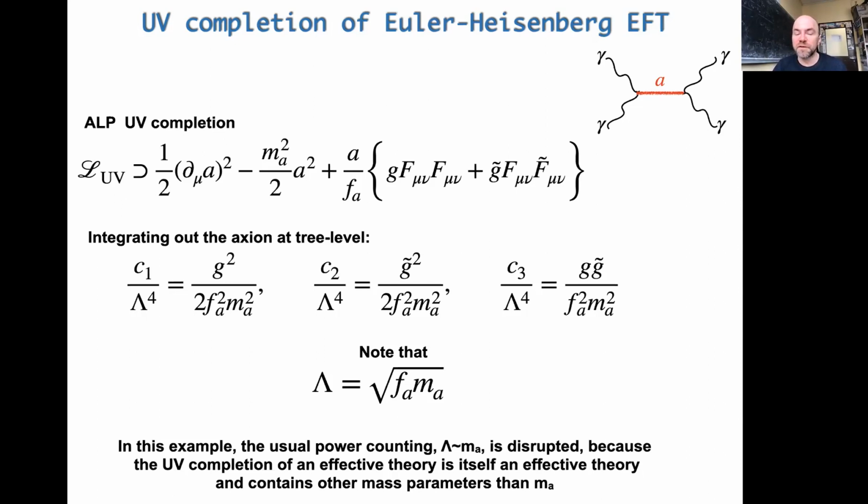But note, for example, that if you have an axion-like particle that has both CP conserving and CP violating couplings, it could actually lead to an effect that is 0 in QED, this C3. And then even if it's very small, this parity violating effect might possibly be observed in experiment. Mm-hmm. Thank you.